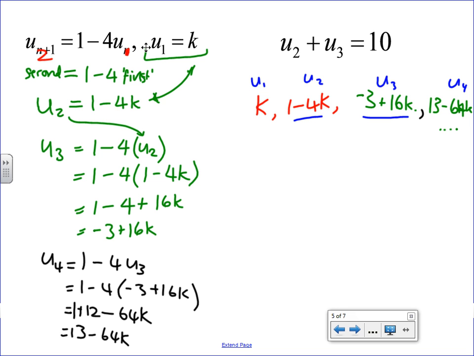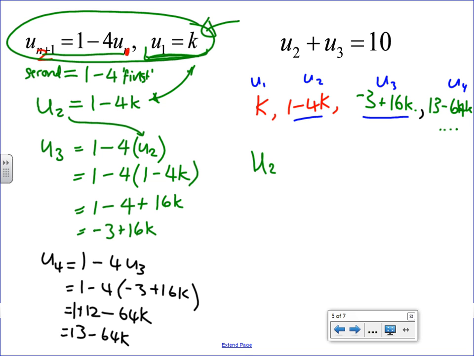So that's using this piece of information, what the first term is and how to get from one term to the next. But then we're told that the second term plus the third term is 10. When I first read this, I balked because that's so much information. But if you treat k like just something you can manipulate, suddenly it seems quite easy. All it's saying is u2, which is 1 minus 4k, plus u3, which is minus 3 plus 16k, is 10.